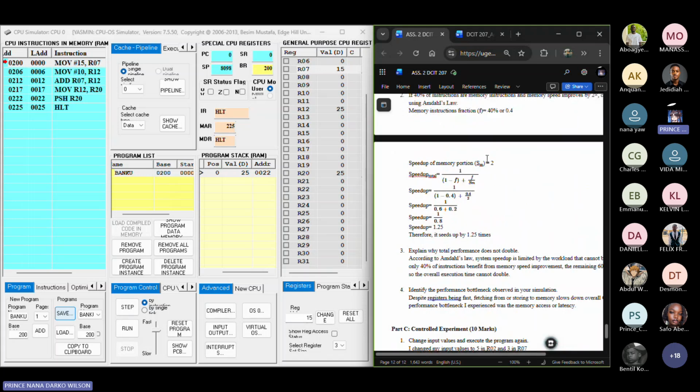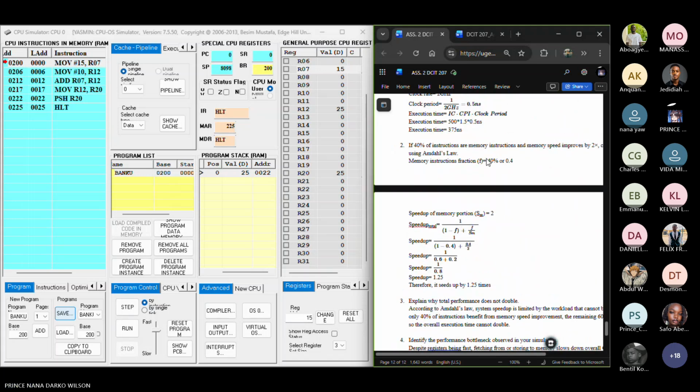So the formula is 1 over (1 minus f) plus f divided by Sm, where f is the fraction of change. Here it is 40%, so 1 minus f is 1 minus 0.4, which gives 0.6. Then you add f divided by Sm.